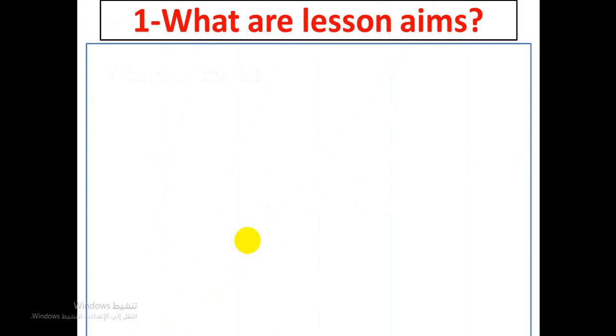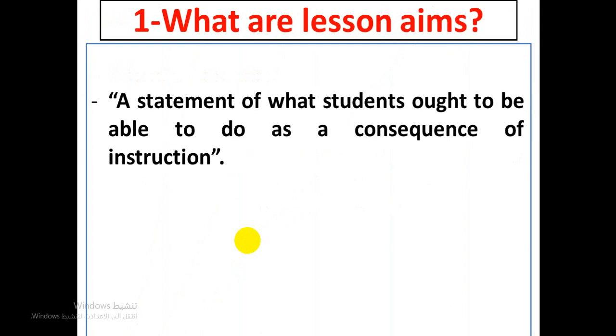What are lesson aims? Lesson aims are statements which describe what learners will know or be able to do at the end of the lesson. Lesson aims focus on what learners will learn rather than what teachers will teach.